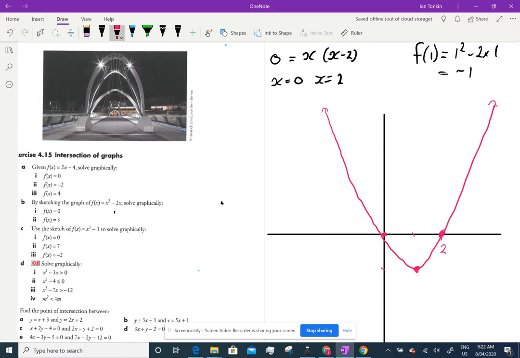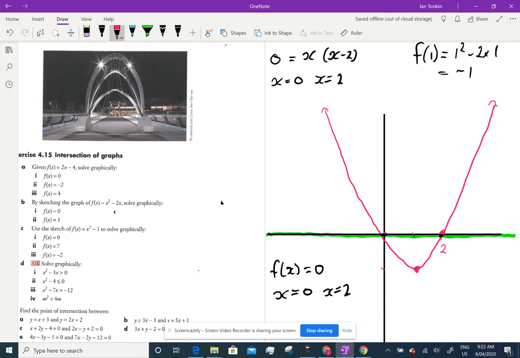Now, I've got to find 0. Well, 0 is just this axis, and we've already found that because we factorised. So the solution to the first part, f of x equals 0, we get x equals 0 and x equals 2. f of x equals 3.